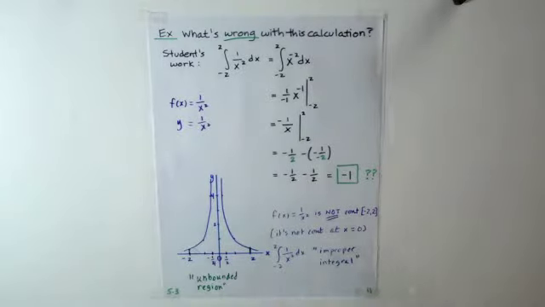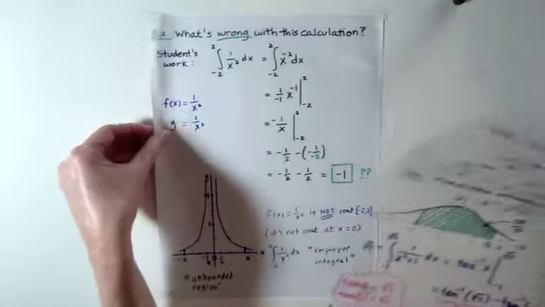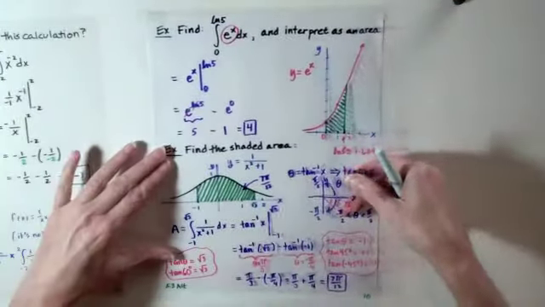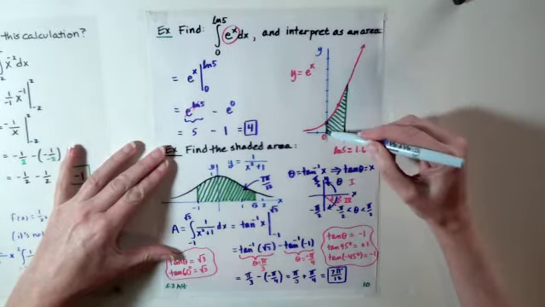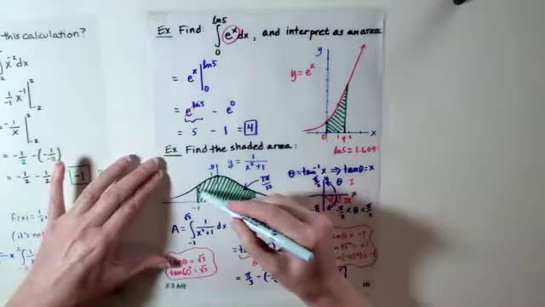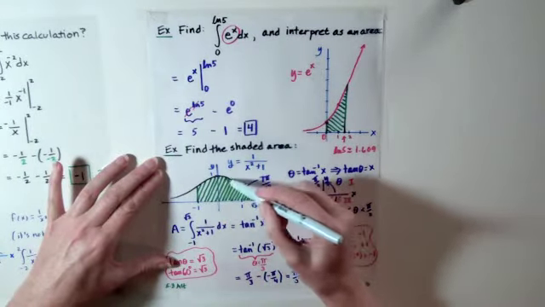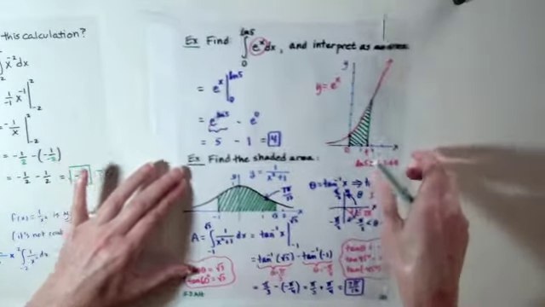Well, as opposed to some of the problems that we looked at before, if we look at just the last page that we had here, you notice the regions that we were finding the area of were bounded. They had a boundary around them. They weren't just sort of open. The same thing here. This is a bounded region that we were finding the area of. So we know that these have a finite area.